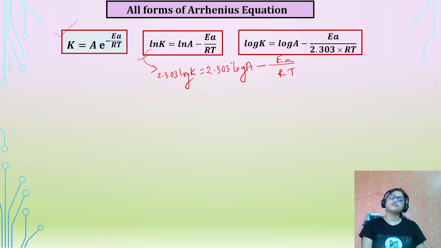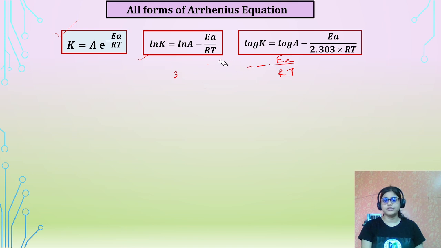Fine. So now if we divide each part by 2.303, then we will come to the third equation. Okay, simple. You don't have to remember this. If we remember this one only, by simple mathematical transformation, you can go to these ways.